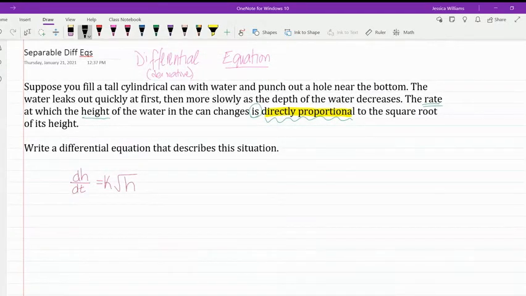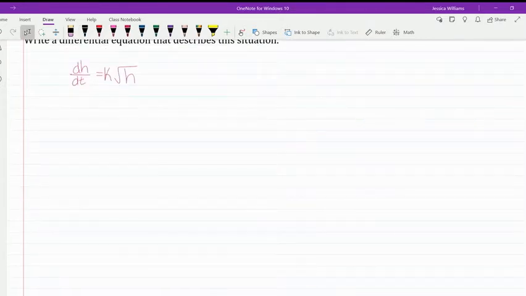So we will do lots of word problems with these, but we're going to spend today talking about a specific kind. We're going to talk about separable diff eqs. So there's lots of kinds of differential equations, like tons, and that's why there are courses devoted entirely to differential equations.